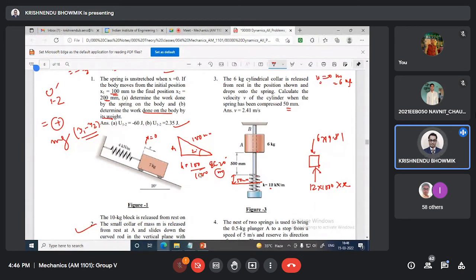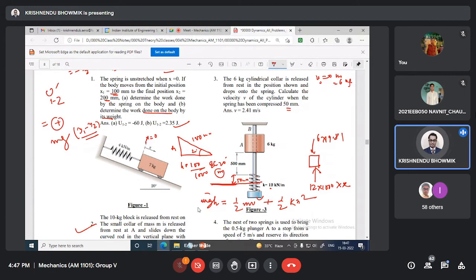This is a general criteria. Now, if somebody wants to calculate this, you can consider this as the final datum, that is 0, and from the top it is moving 500 plus 50, 550 mm. Directly I am giving hints: mgh is equal to half m v square plus half k x square.